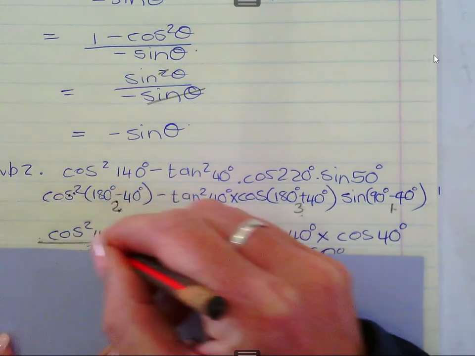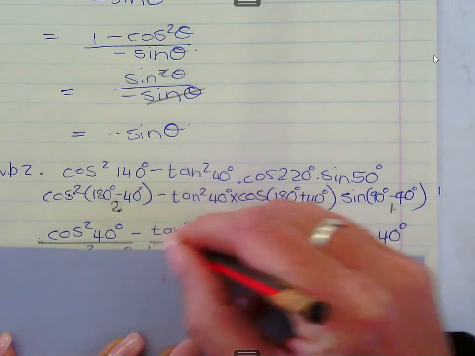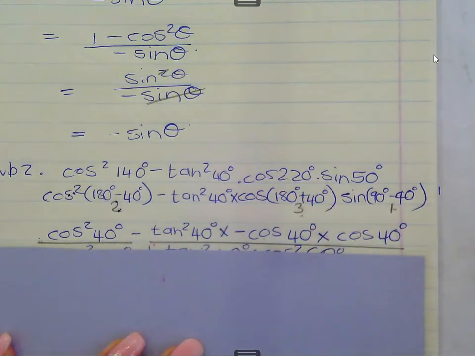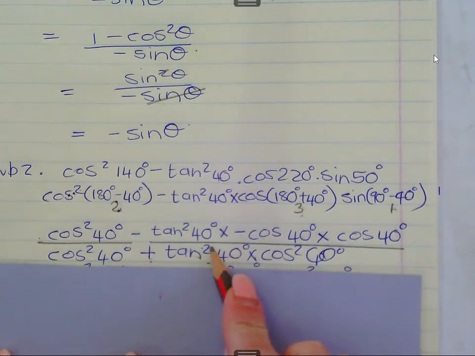This is my first term. This whole thing is my second term. Do you understand it like that? So these ones I multiply: negative times a negative becomes a positive tan squared times cos squared 40, because those two cos multiply with each other.